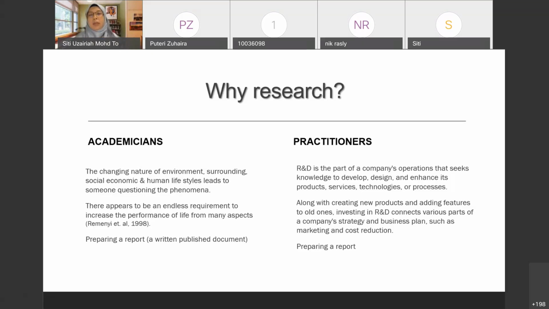Okay, so basically, because of the changing of the environment, some situations occur for us to adapt to those changes. So it is worth doing research to solve that problem.